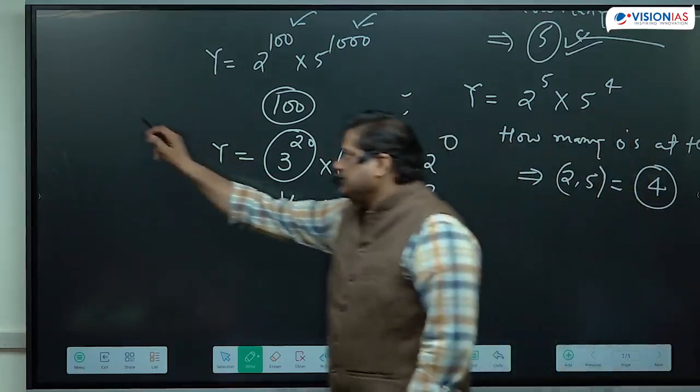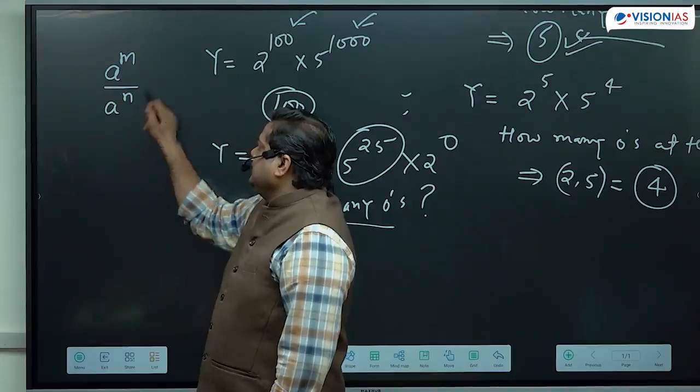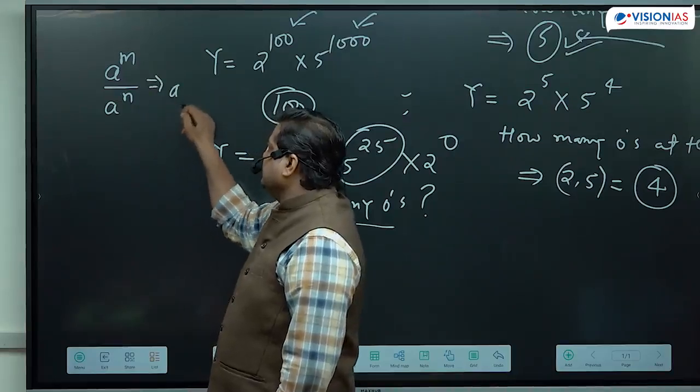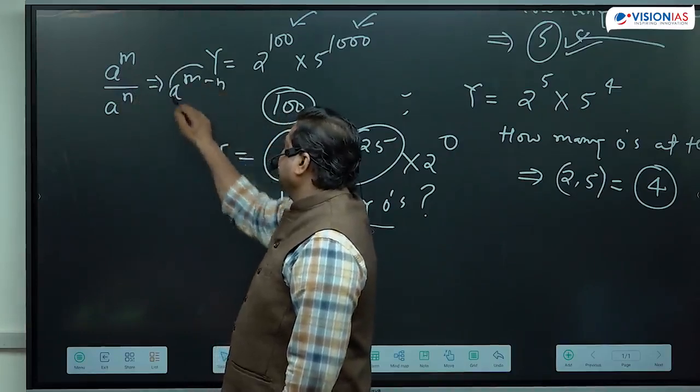Any number के पावर 0 if I write, a के पावर m divided by a के पावर n, तो ये क्या हो जाता है? Same base but powers are different, m minus n.